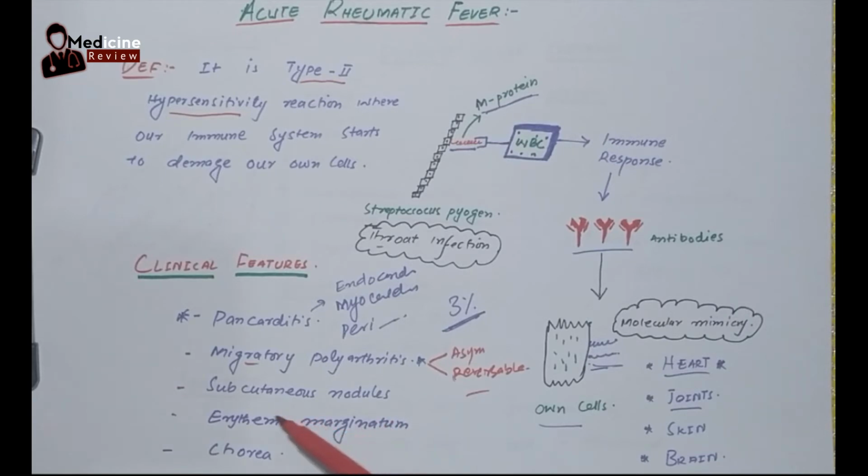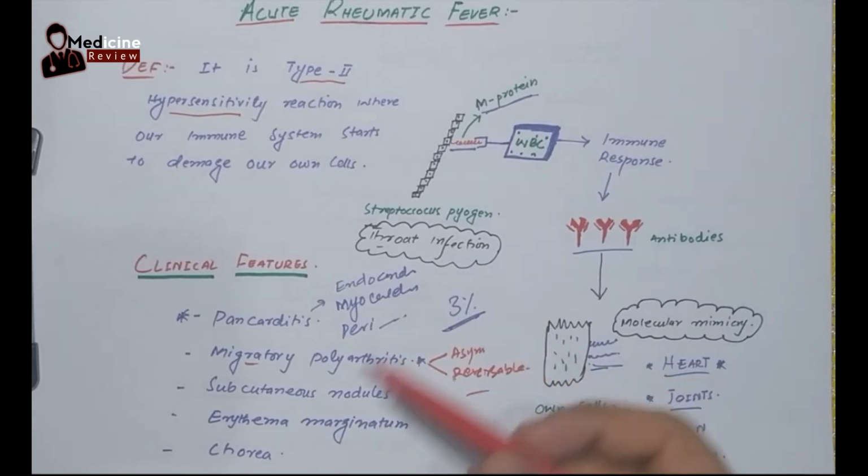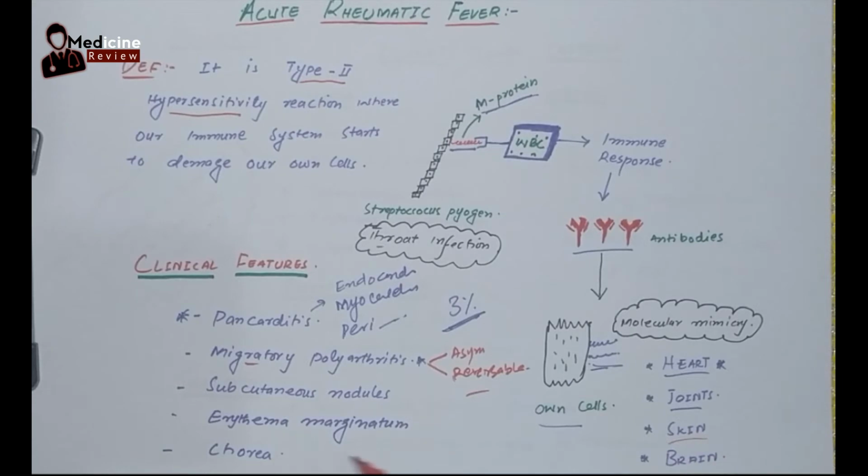Another is subcutaneous nodules, which are a manifestation in the skin. Another is erythema marginatum, in which the margins of the lesion become red. Erythema means red and marginatum means the edges.